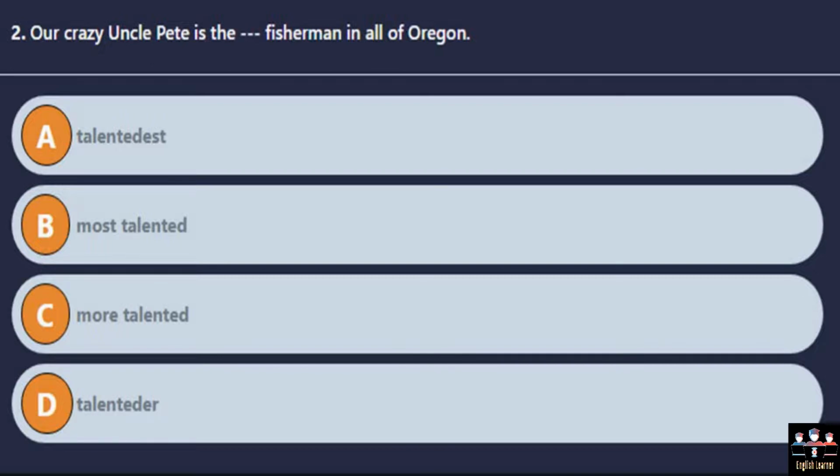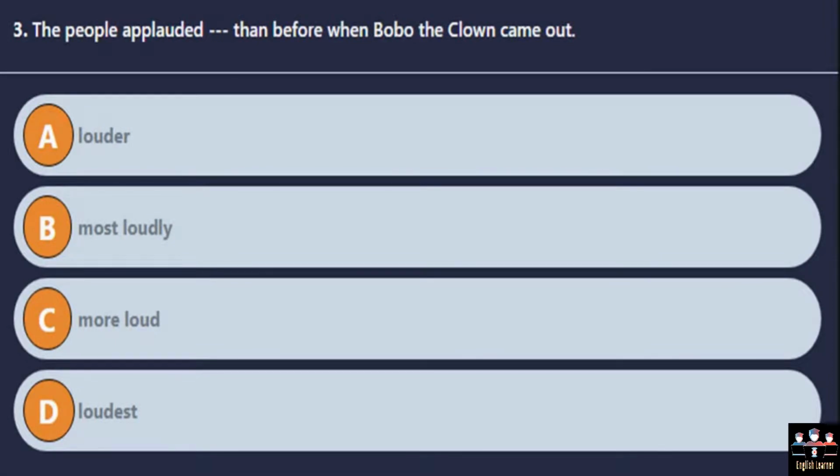B. Most talented. C. More talented. D. Talenteder. 3. The people applauded dash than before when Bobo the clown came out. A. Louder. B. Most loudly. C. More loud. D. Loudest.